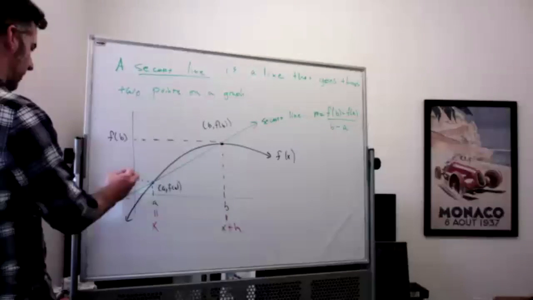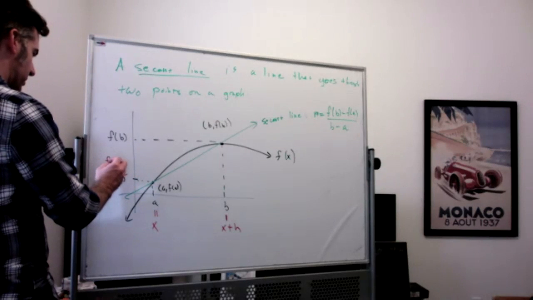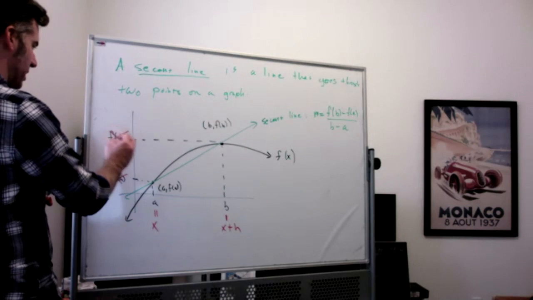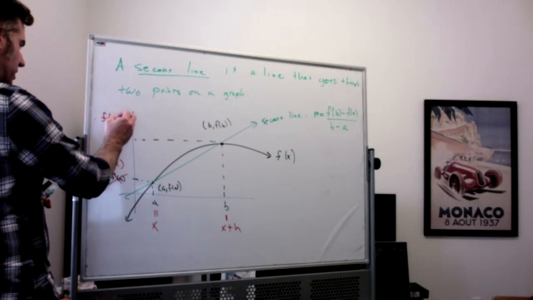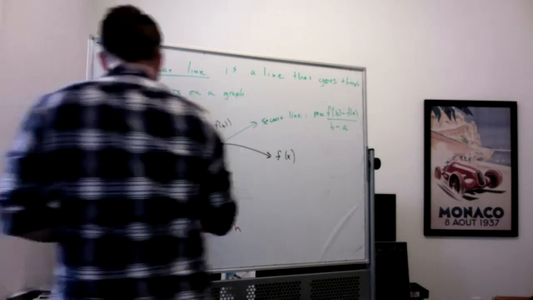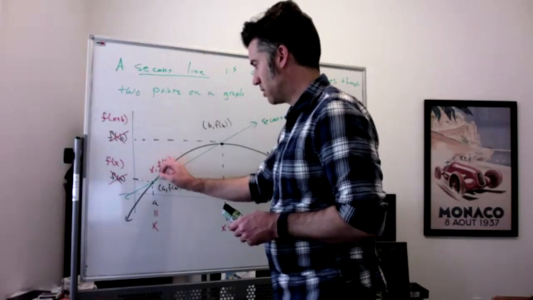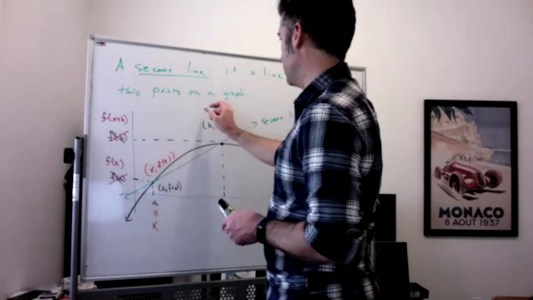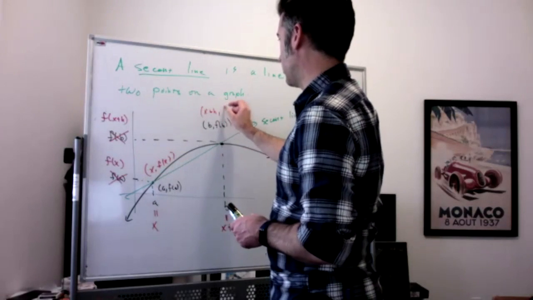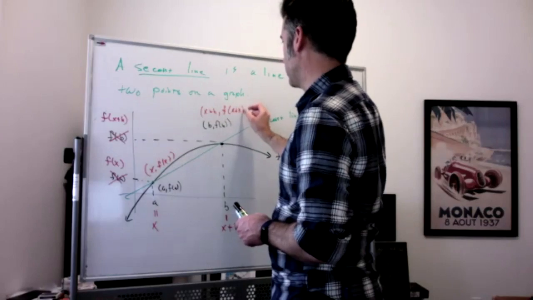So instead of this being f of A, it's f of x. Instead of this being f of B, it's f of x plus h. So this point is x, f of x. This point is x plus h comma f of x plus h.